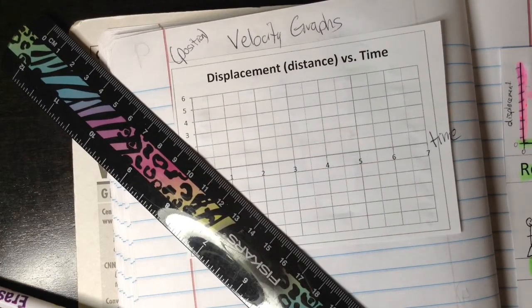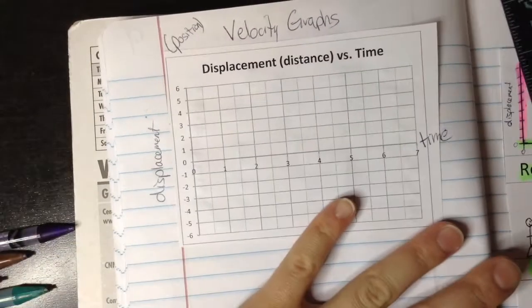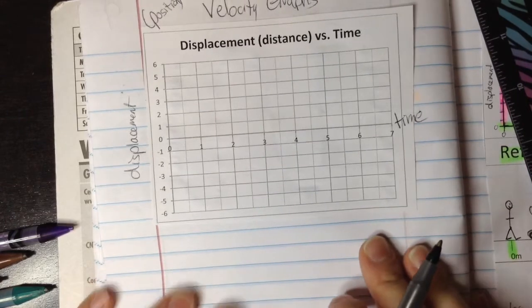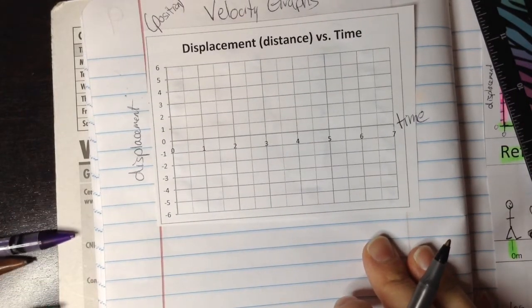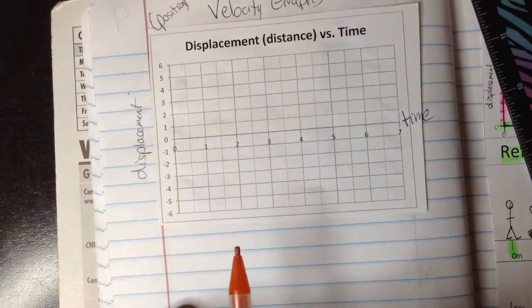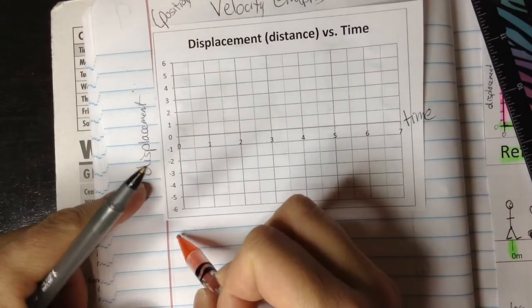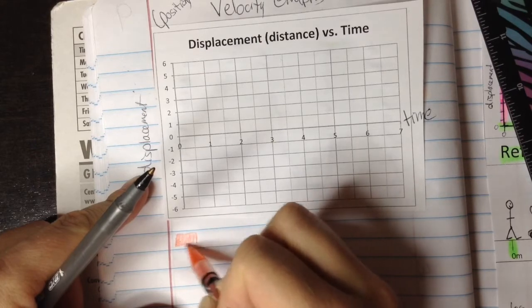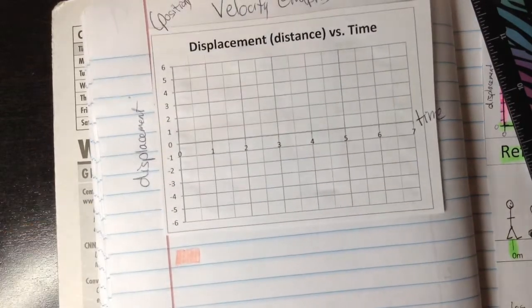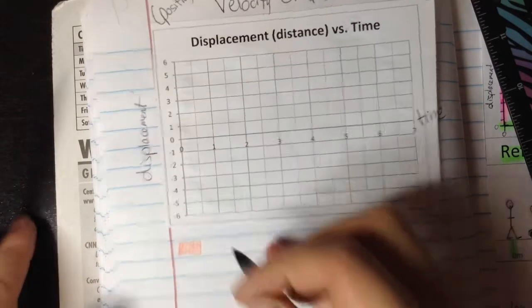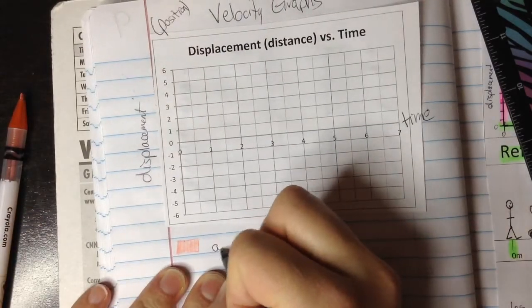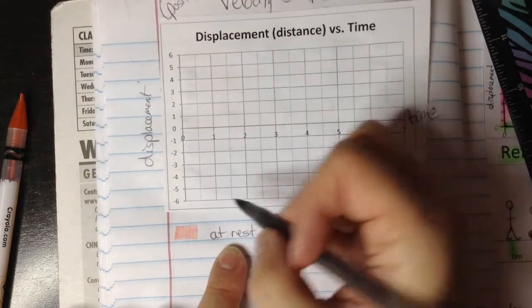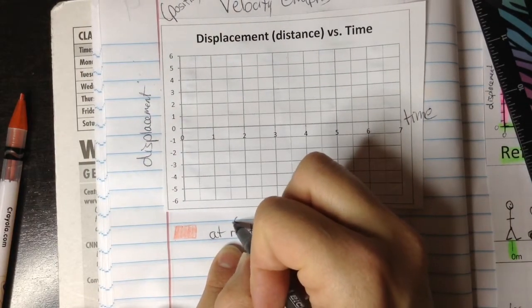Let's start. This is going to be just a whole bunch of examples we're going to graph together. So we are going to pick a color, any color. I'm going to start with my red. I'm going to make a little key down here. So my red graph is going to be representing an object at rest. Now, that phrase, you might not know what that means.